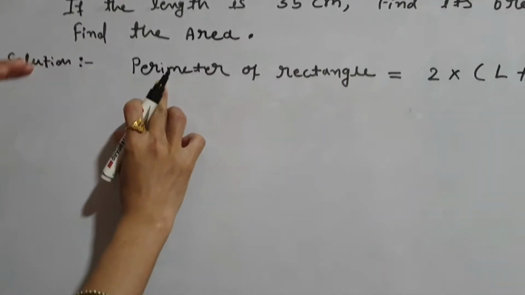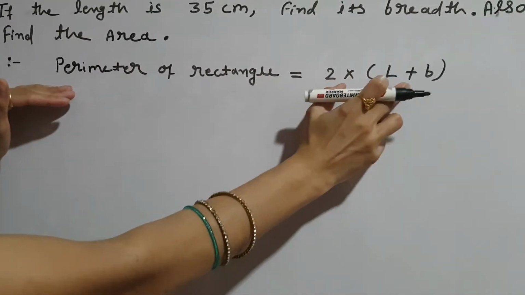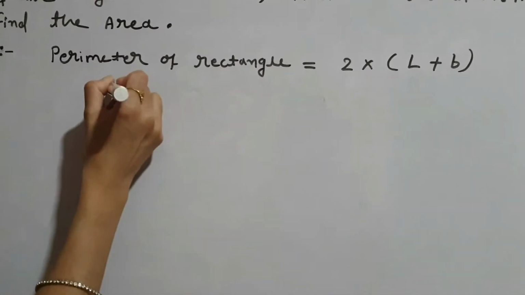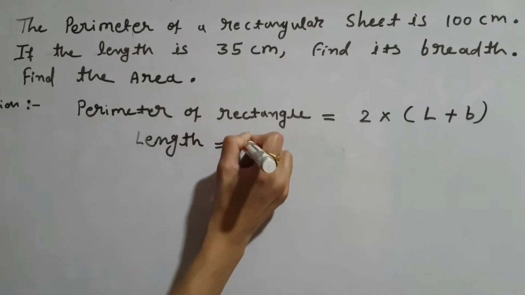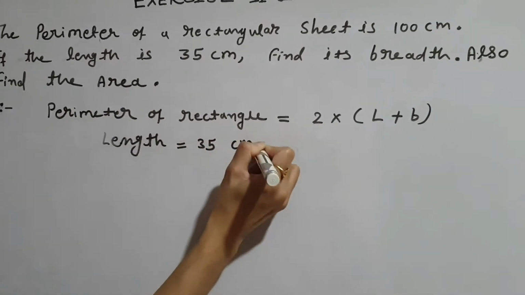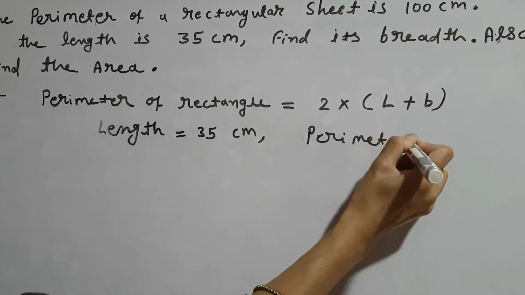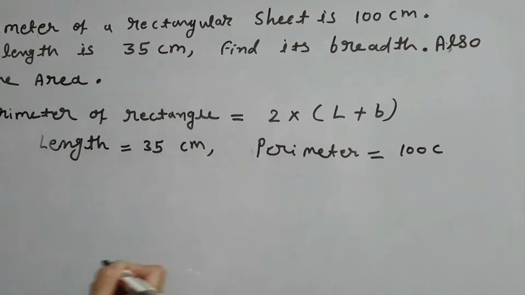Now first we solve. The perimeter of rectangle is 2 multiplied by (length plus breadth). So we will write here length is 35 centimeter and perimeter is 100 centimeter.